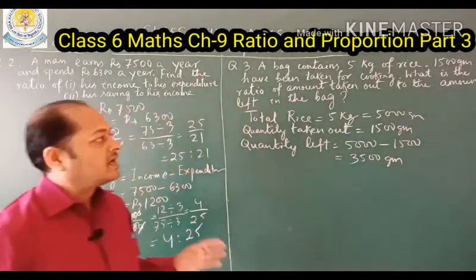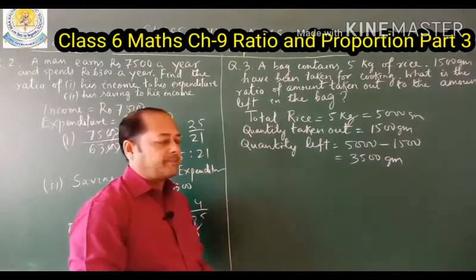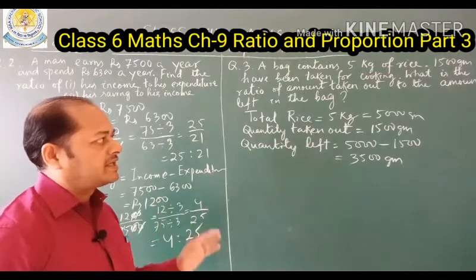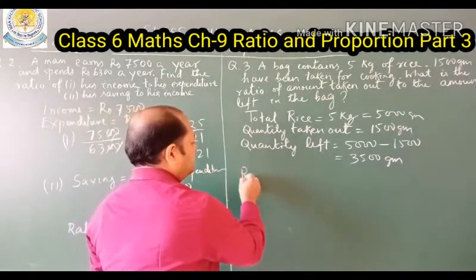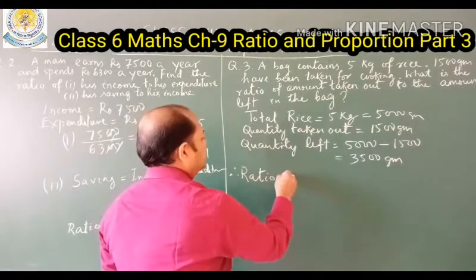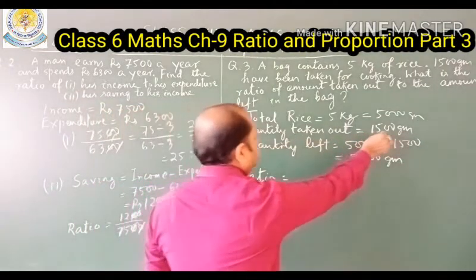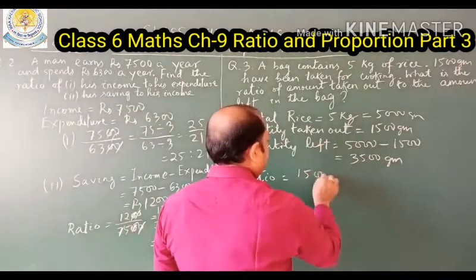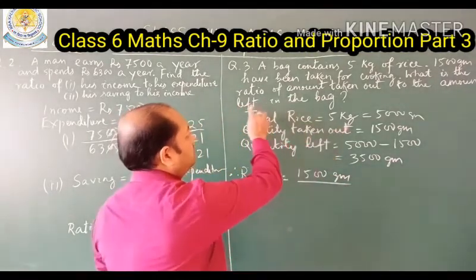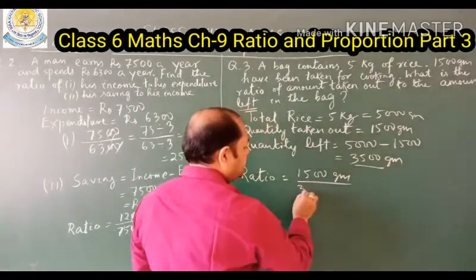The rice left after taking 1500 gram of rice is 3500 gram. Okay, now the question is asking what is the ratio of amount taken out to the amount left. So we have to find the ratio now. The amount taken out is 1500 gram upon the amount left, that is 3500 gram, right here in the denominator.